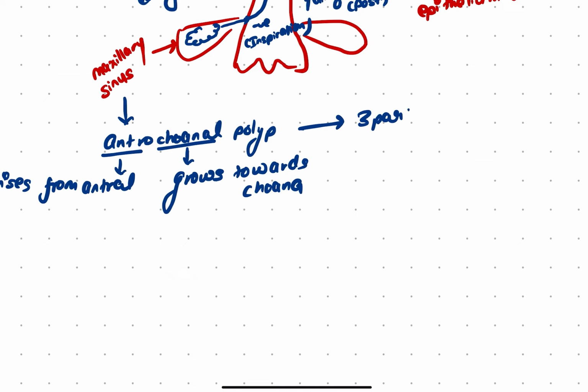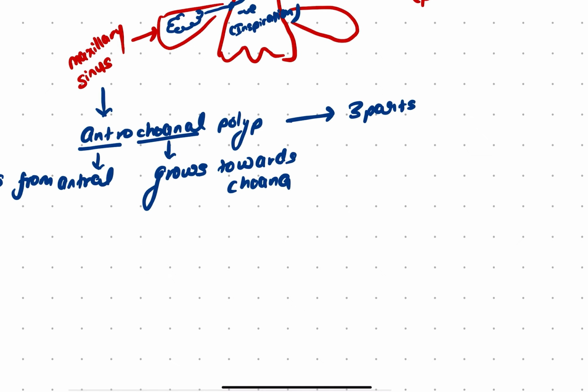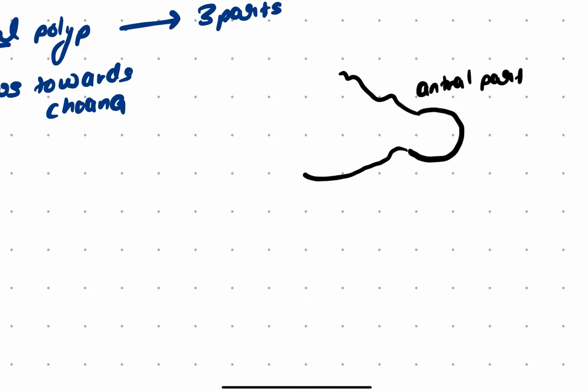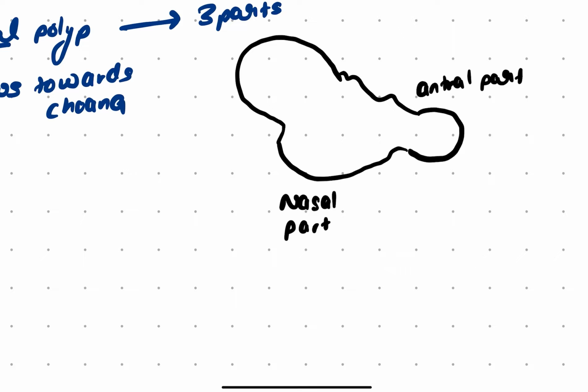What are they? One is the antral part, the next is the nasal part, and the next is the choanal part.